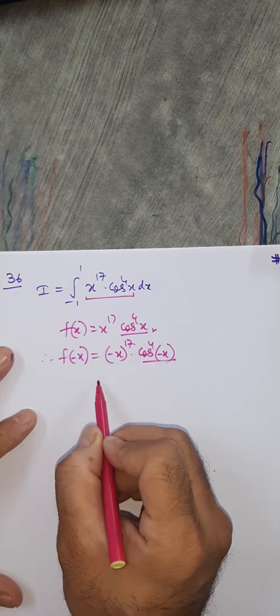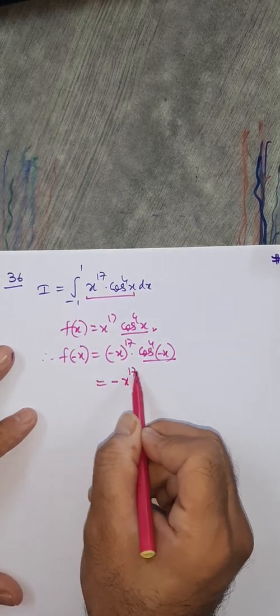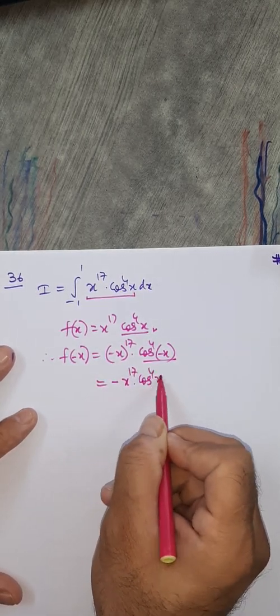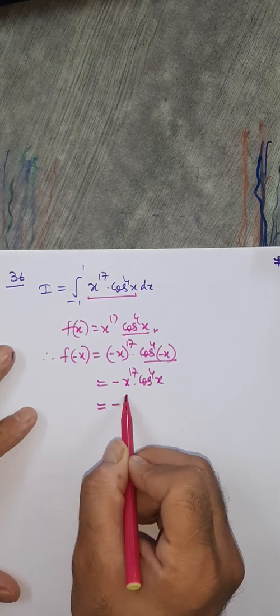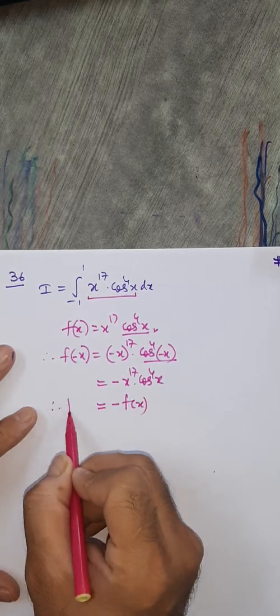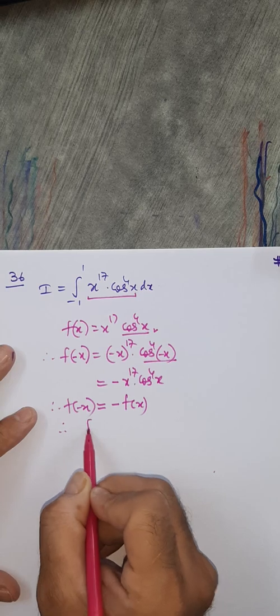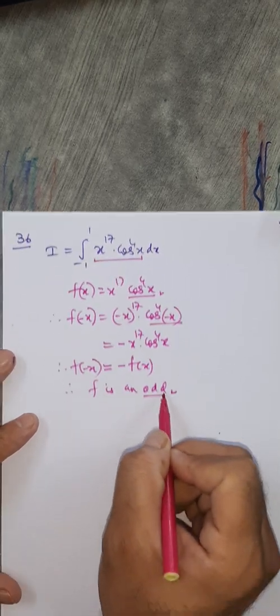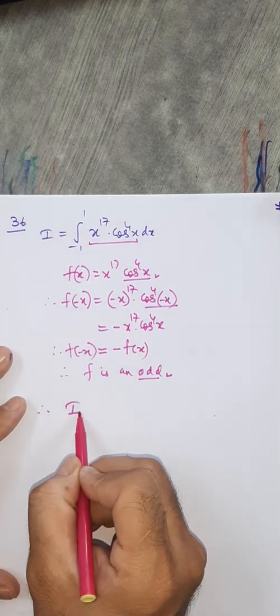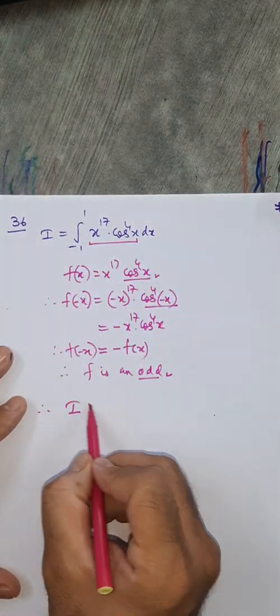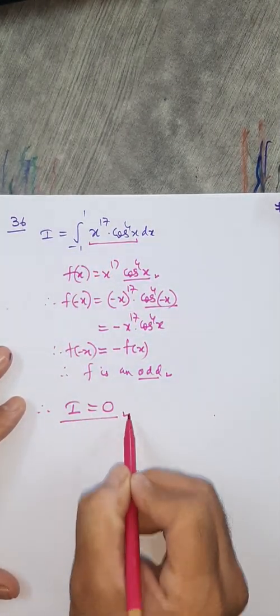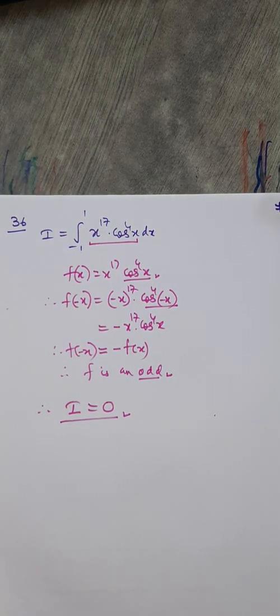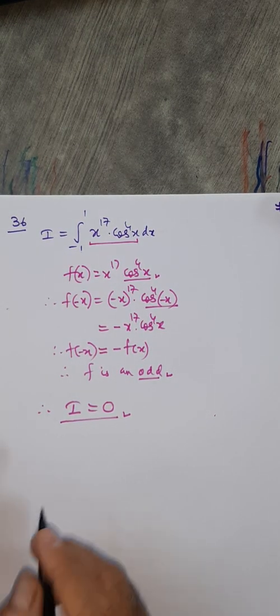This is an even function, so this remains the same: x raised to 17 into cos raised to 4. So this is minus f(x). So what's the conclusion? f is an odd function. And if the function is odd, the value of the integral, if you have opposite limits, is always 0. So therefore I is 0. Your opposite limits, that's why, remember.